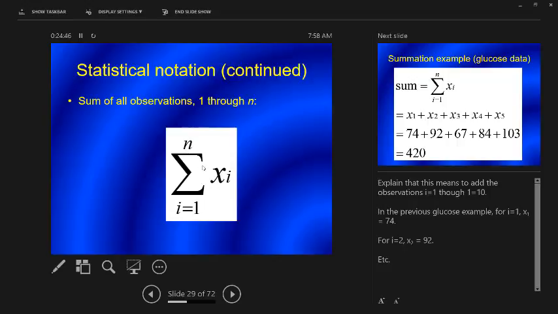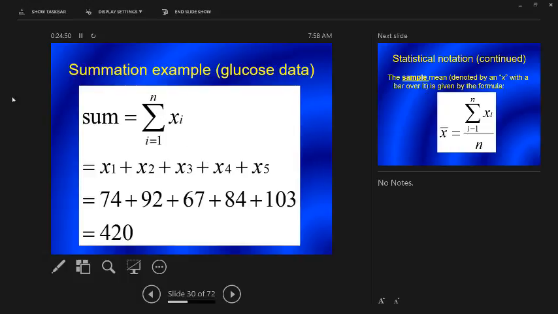So if we were to take this symbol and actually execute the computation, it would look something like this. The notation for the sum is here, the sigma, add them up from 1 to n, all the values. So xi is the subscript. Let i be 1, and add that to, and then move up to 2 and up to 3, all the way until you get to x of n, which in our sample was 5.